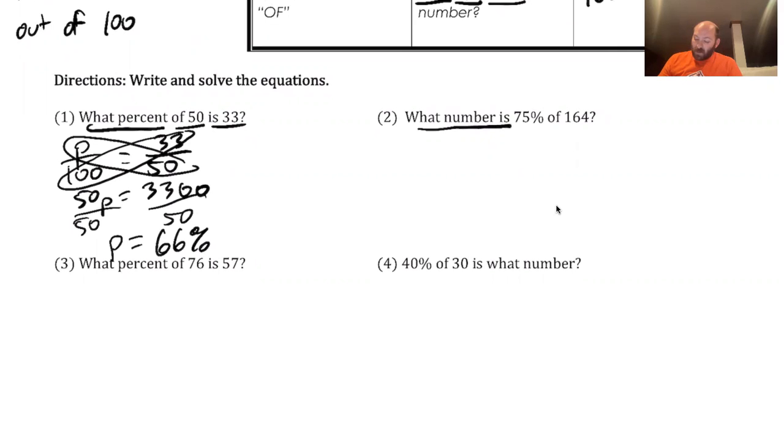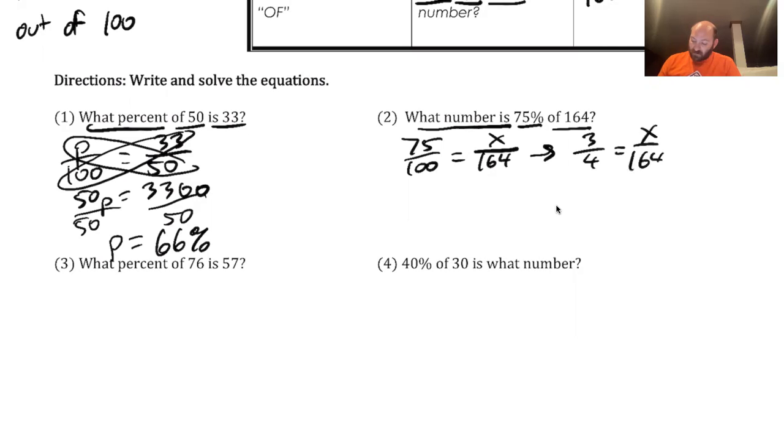Number 2, what number is 75% of 164? So 75 out of 100 for the percent, and 164 is the of number, so that goes below. The unknown number is X. Now this is a good example where I can reduce to make things easier. 75 out of 100 can reduce down if I divide both by 25, so I can rewrite this as 3 over 4 equals x over 164.